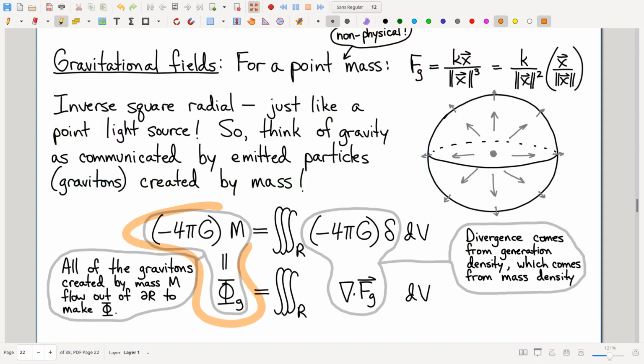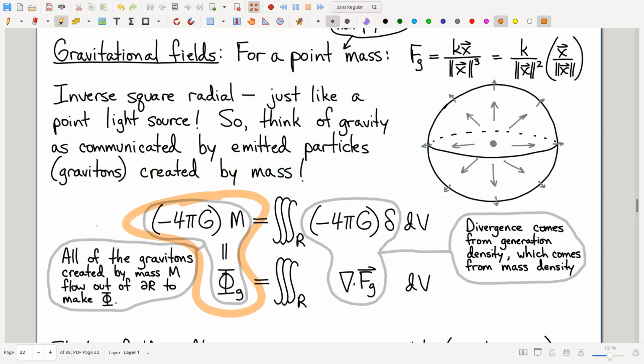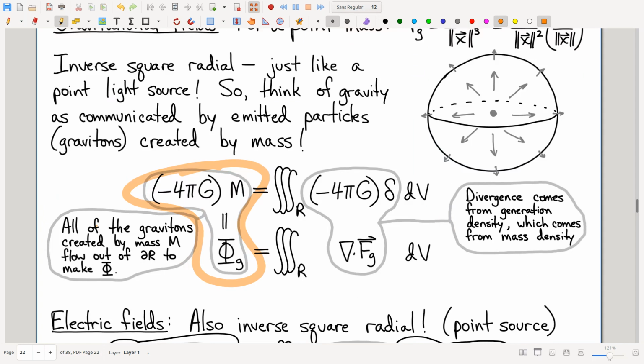Let's start with this one right here. What does this say? However much mass you have, the amount of mass is shooting out gravitons. More mass, more gravitons. And all the gravitons that get shot out of the mass all have to flow outward through this sphere.